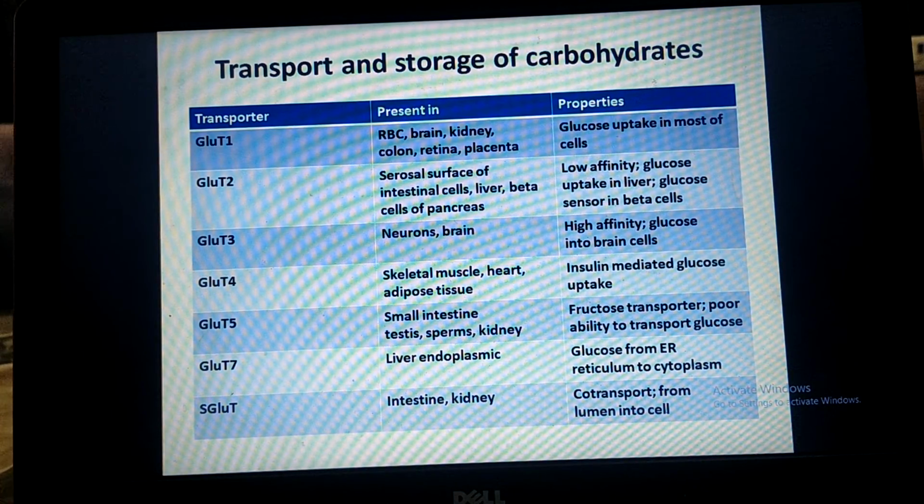This is the summary of various glucose transporters present in various tissues of our body and their properties. We have studied glucose transporter 2, we have studied glucose transporter 5, and we have studied sodium dependent glucose transporters.